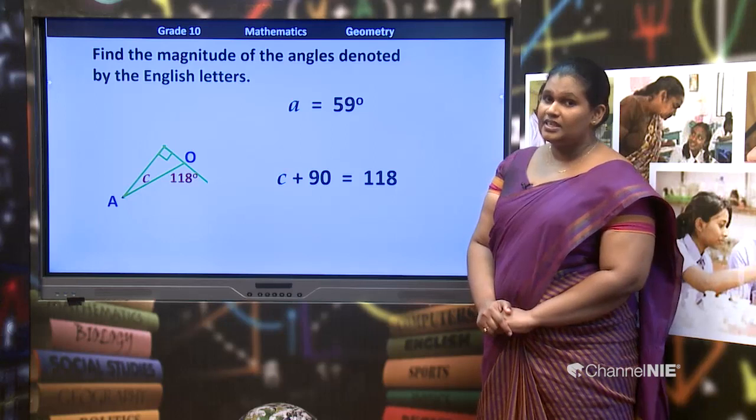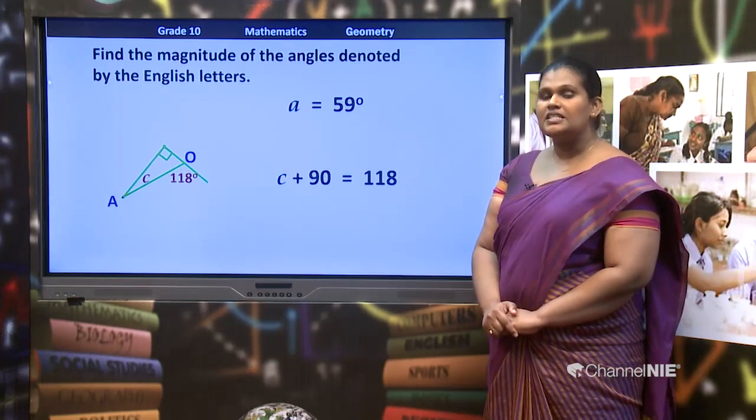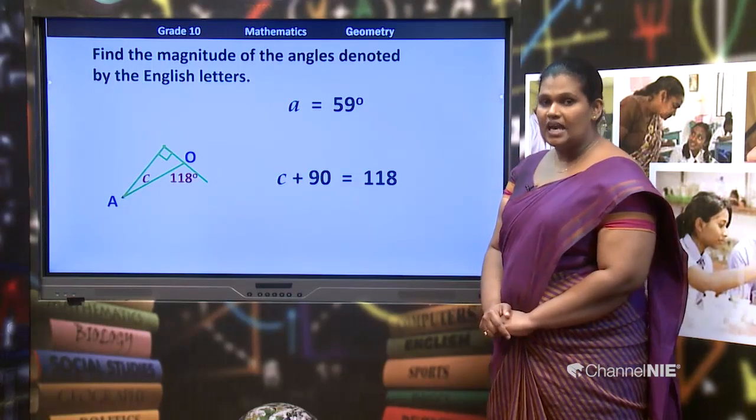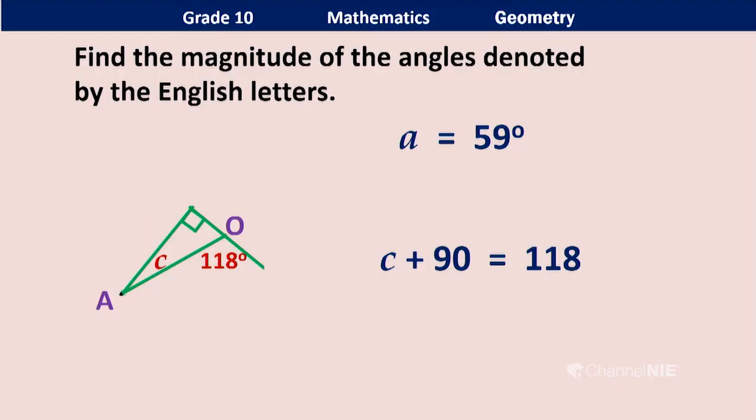So, by solving this, we can get the value of C. Therefore, I am going to subtract 90 degrees from both sides. So, it becomes C plus 90 minus 90 equals 118 minus 90.